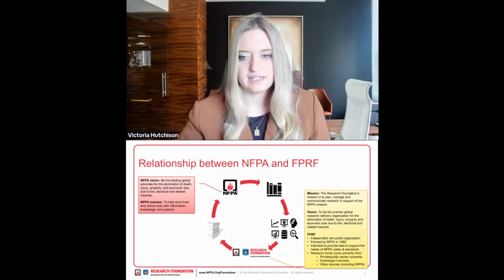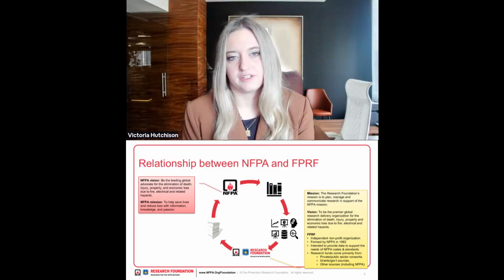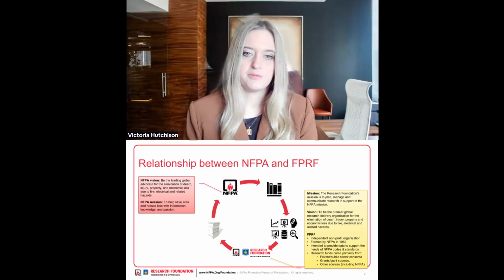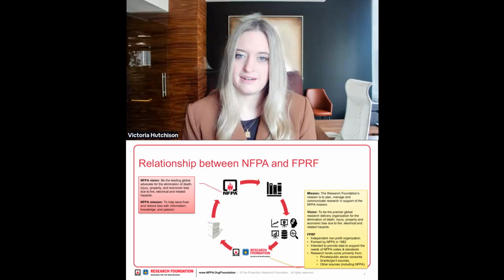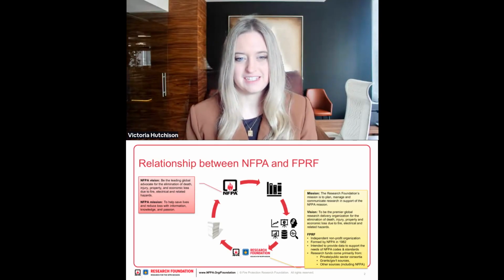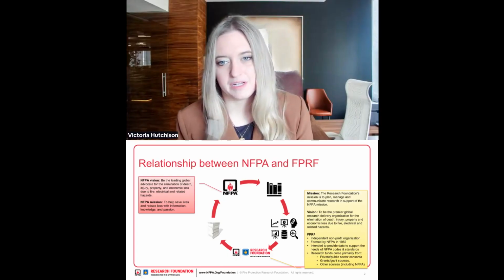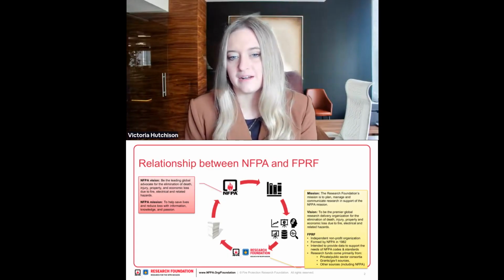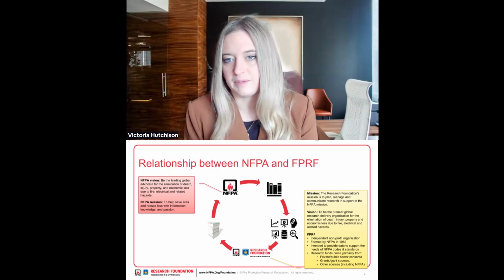But just for background, in case anyone here isn't familiar with the foundation: we are affiliated with NFPA. As you see in our logo, there's both the foundation logo and NFPA, but we are technically a separate, independent nonprofit from the NFPA.